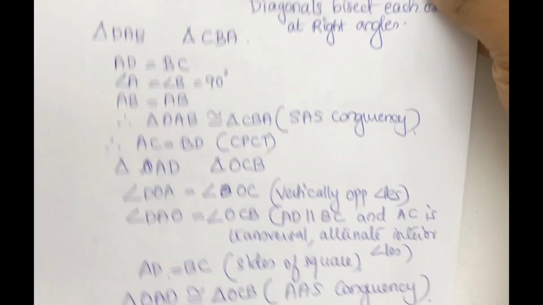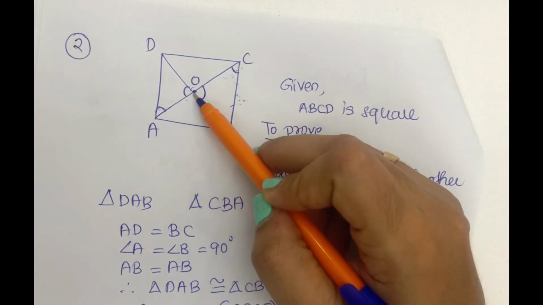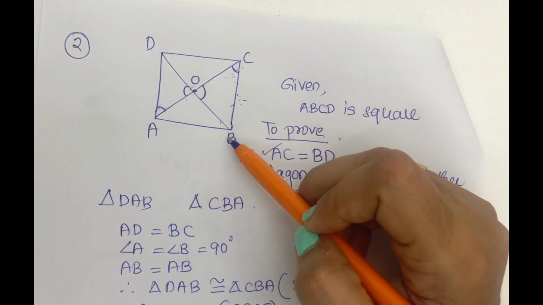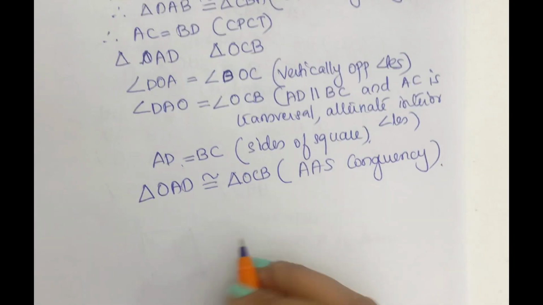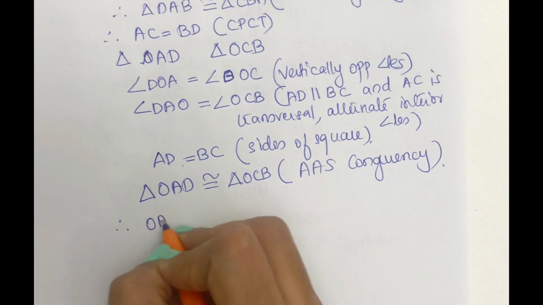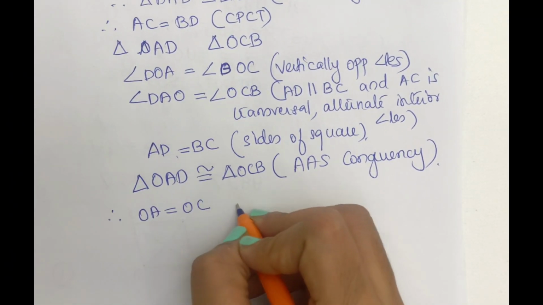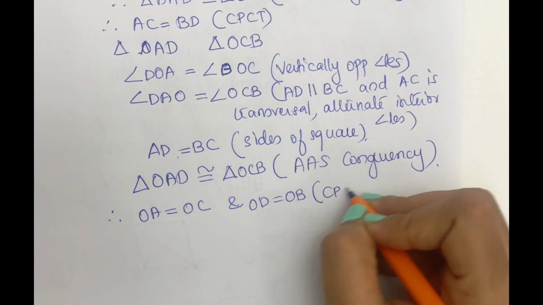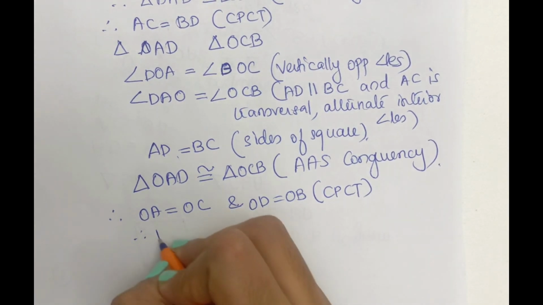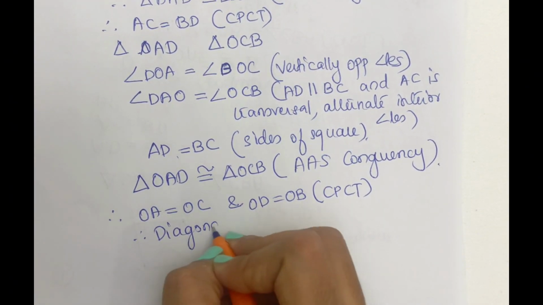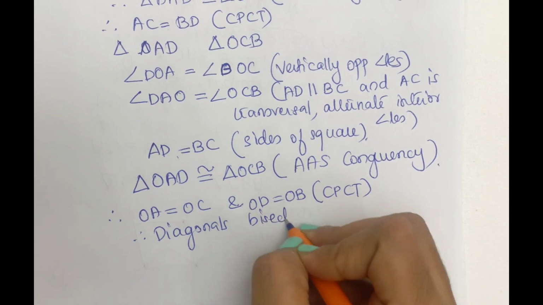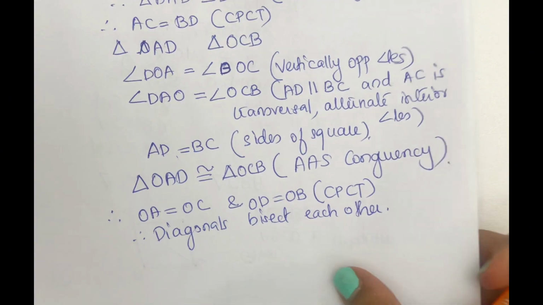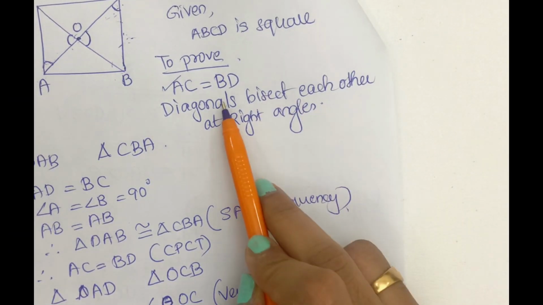Therefore OA is equal to OC and OD is equal to OB by CPCT. Therefore the diagonals bisect each other. Okay, we have proved one part of the second, that the diagonals bisect each other.